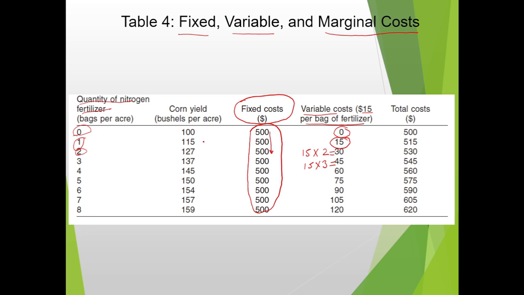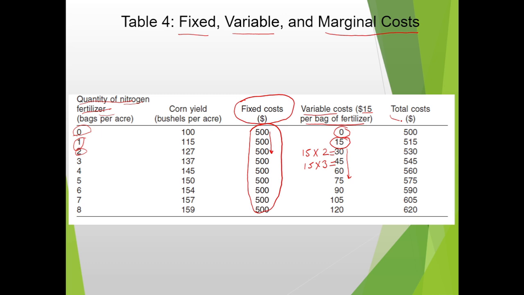But what can be increased along with this fixed cost? If we are using nitrogen fertilizer, then obviously Paul has to purchase nitrogen fertilizer, and if one bag of nitrogen fertilizer is $15, then we can easily calculate its total variable cost.